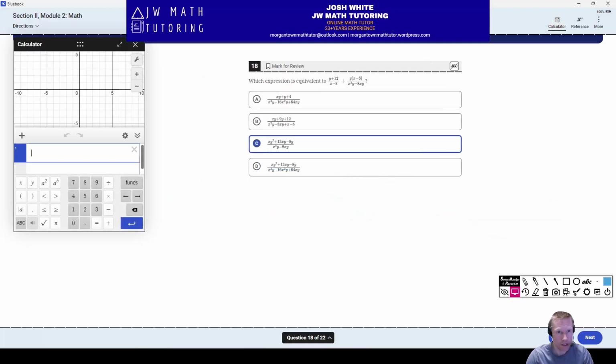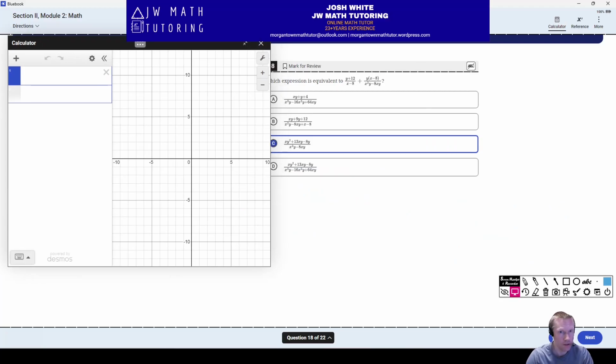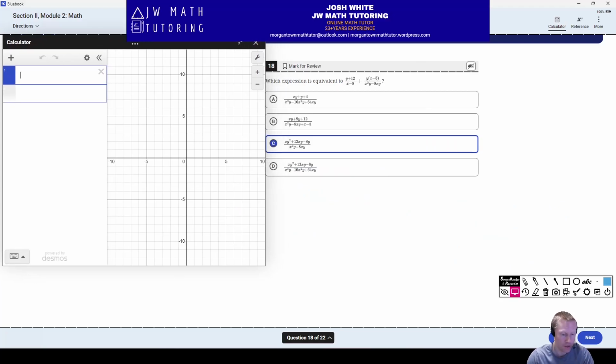Now, if you want to do this in Desmos, essentially you're going to have to replace the x and the y with different letters. So I'm just going to do A and B. I'm just going to make a note: X is A, Y is B. All right.